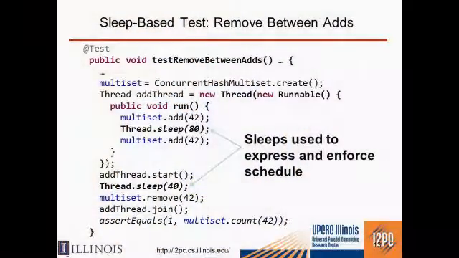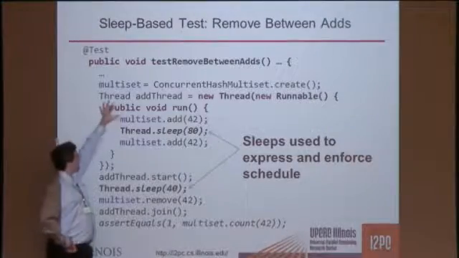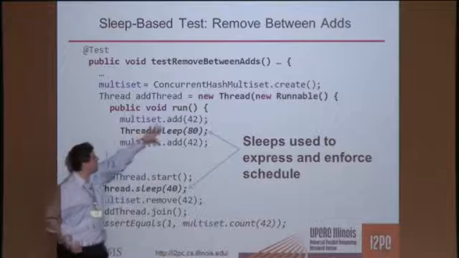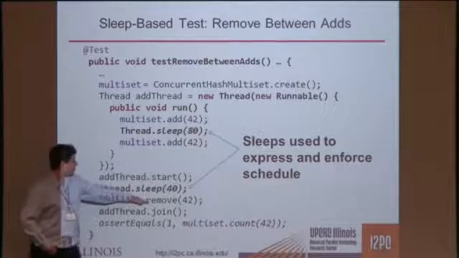So what we've seen a lot in open source is something that's bad. Don't do this at home. But this is what people do. They use a lot of these sleeps. They basically say, I'm going to start two threads. This is the actual Java code. This is starting one thread. This thread does two adds. There is another thread going on here. This one does remove.